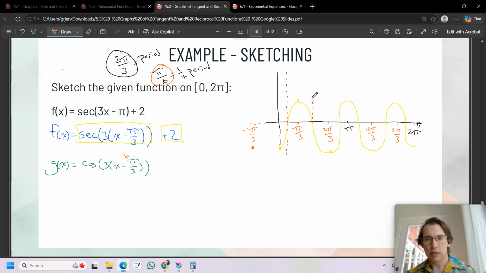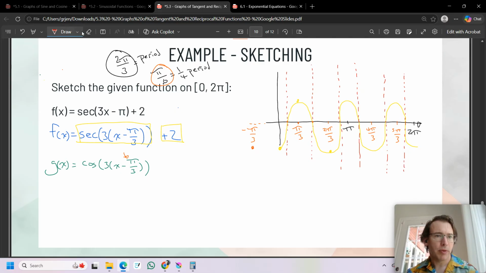This one is pi by 2, and then this one is 5 pi by 6, and then this one is 7 pi by 6, and then this one is 3 pi by 2, and this one is 11 pi by 6. This is where our asymptotes go. Okay, so we just get our asymptotes on.